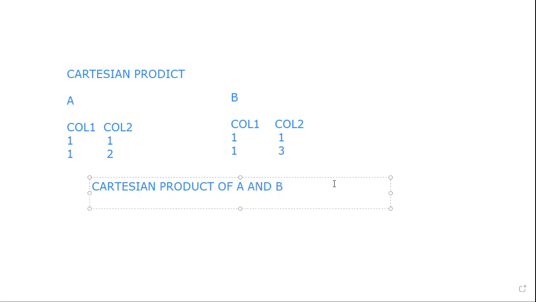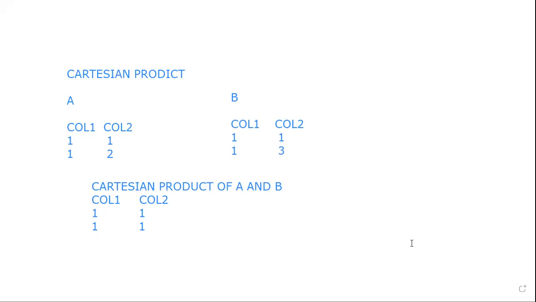The Cartesian product of A and B means the columns of A and B combined, with column 1 value 1, 1. This is called the Cartesian product.